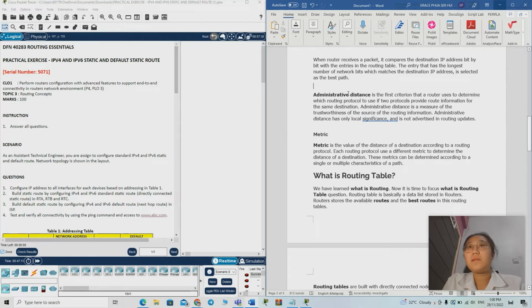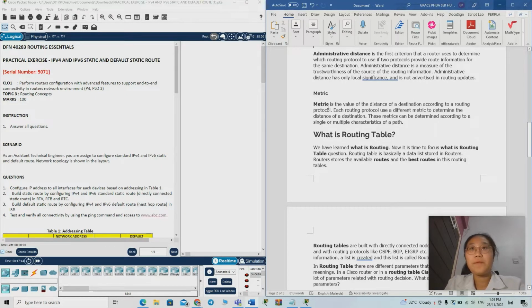Administrative distance is the first criterion that a router uses to determine which routing protocol to use if two protocols provide route information for the same destination. Administrative distance is a measure of the trustworthiness of the source of the routing information. It has only local significance and is not advertised in routing updates.